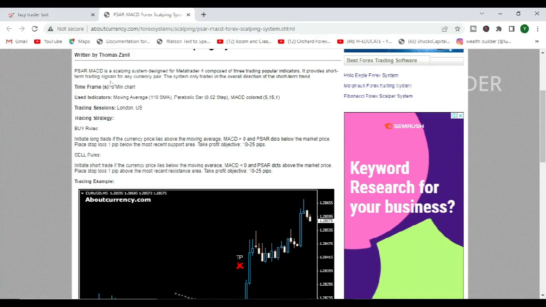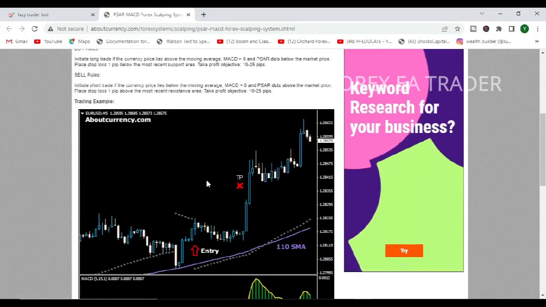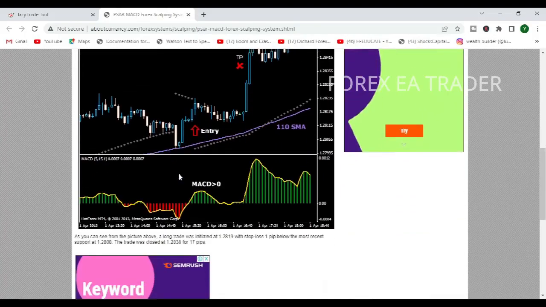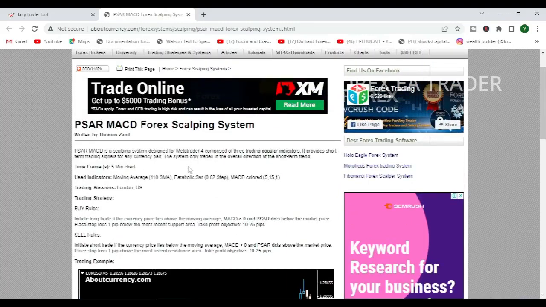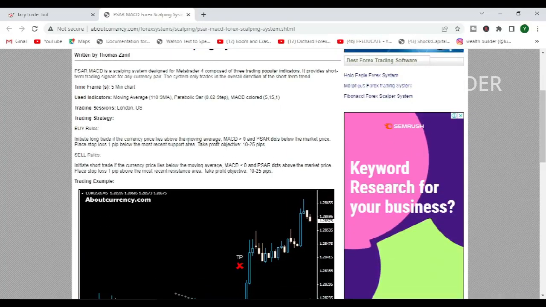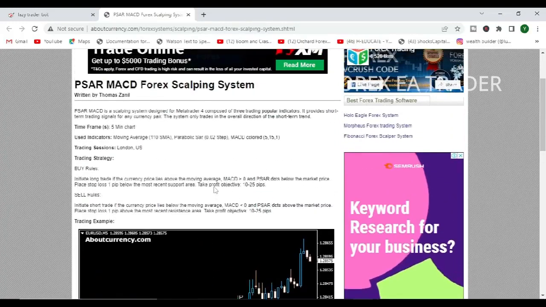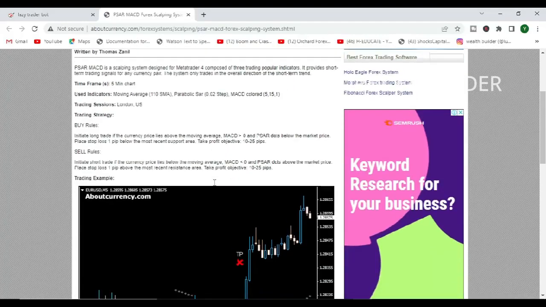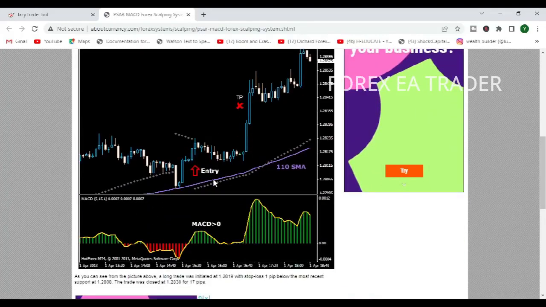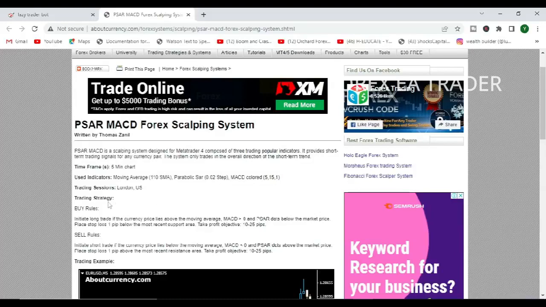Okay. And the time frame for using this strategy, he says it's 5 minutes. So because we are lazy traders, we don't want to be watching our charts and waiting for this and this to align and stuff. So we're just going to attempt to turn this into a forex trading robot.